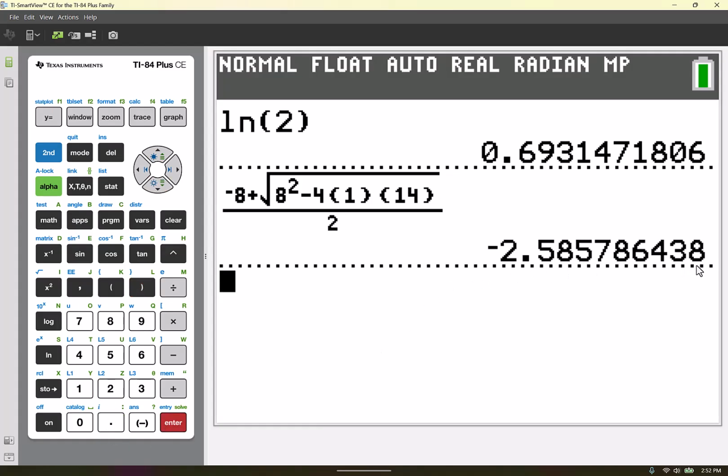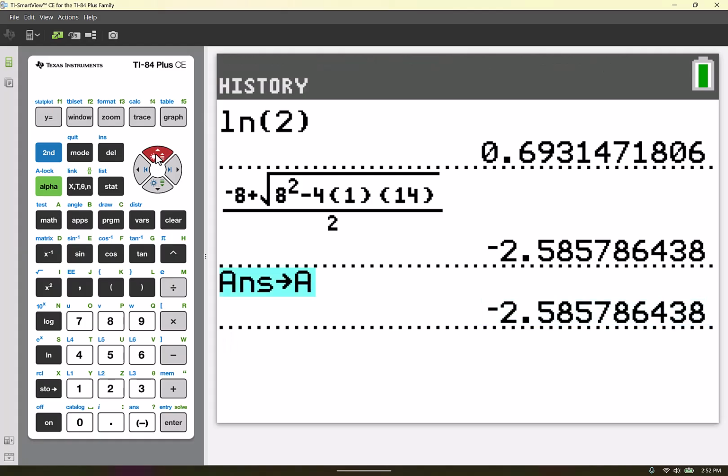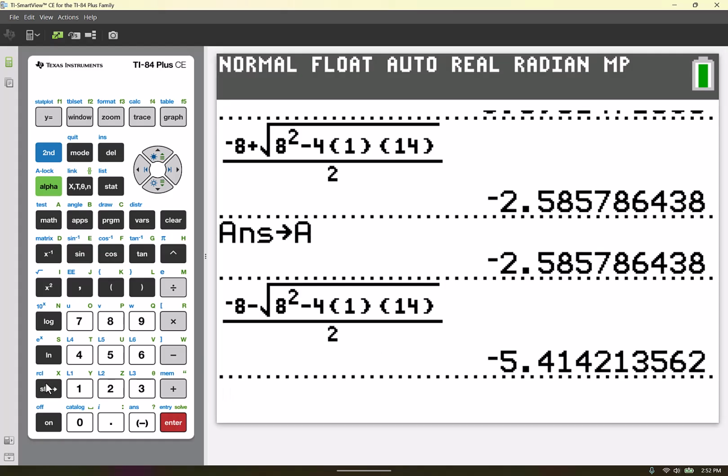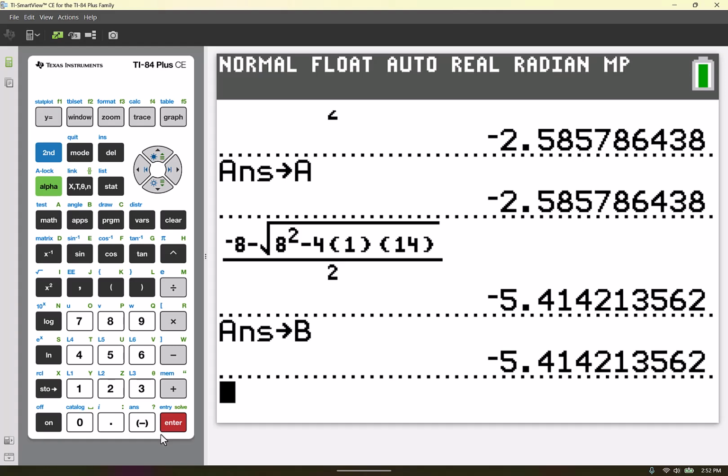I'm going to store that to A. Then I'm going to go back, and instead of a plus, I'm going to put a minus, push enter, and store that to B. Does everyone see what we did?